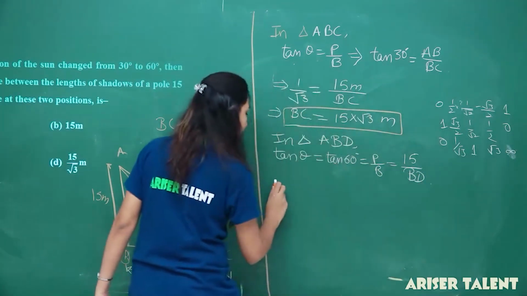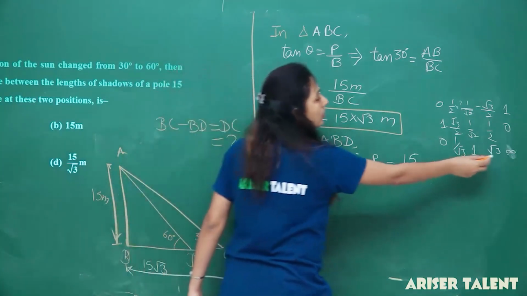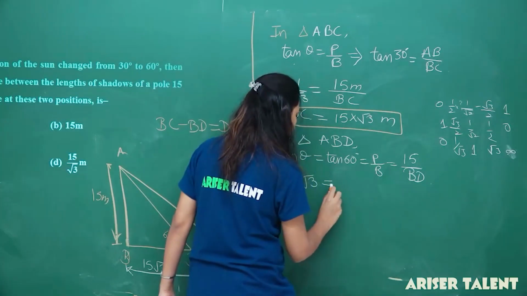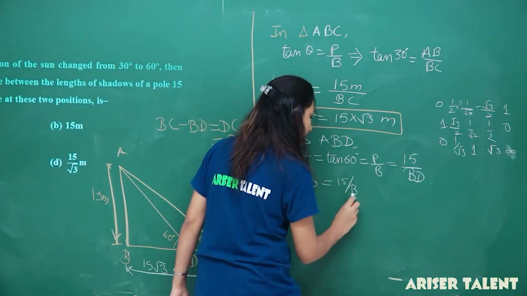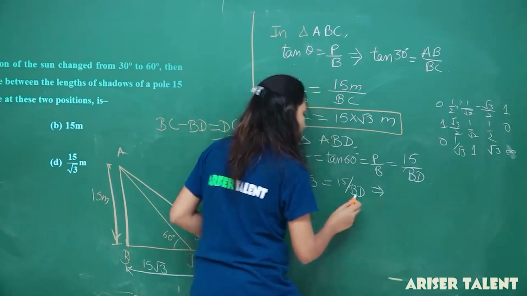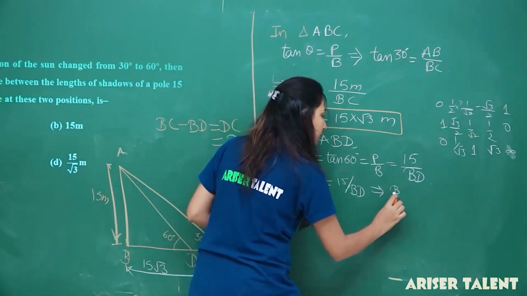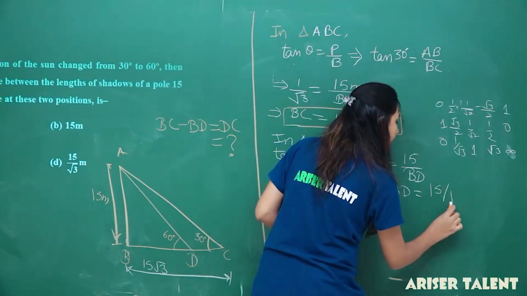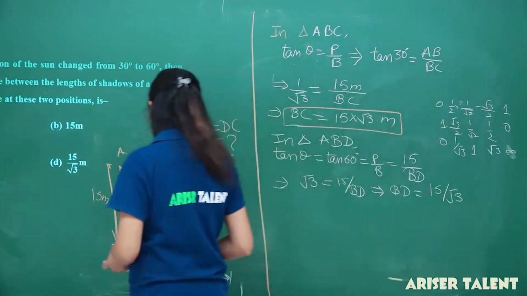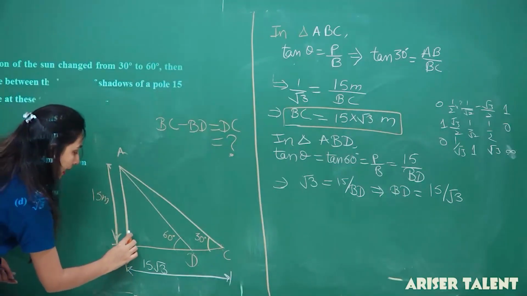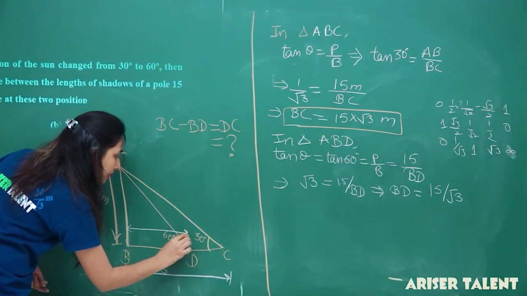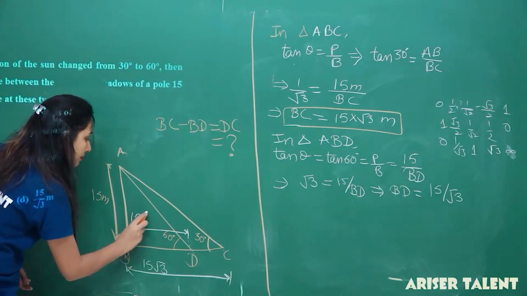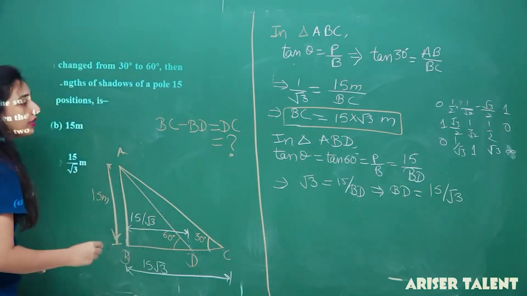Tan 60 degrees is nothing but √3, so √3 equals 15 by BD. From here BD will be 15 by √3. Right, students?